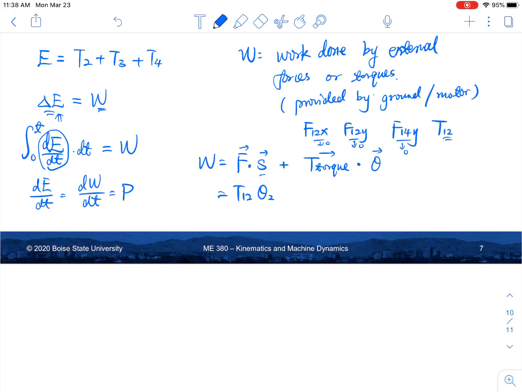By definition, your power is F vector times velocity, or torque times the angular velocity. Okay, in this case your P is just T12 times theta 2 dot.